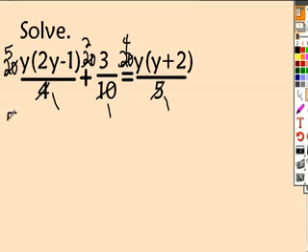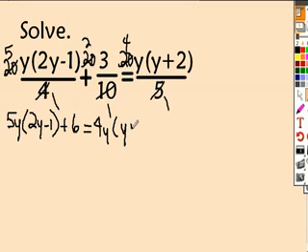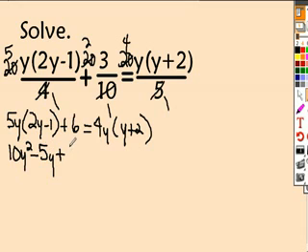So we have 5y times 2y minus 1 plus 2 times 3, go ahead and multiply it, equals 4y times y plus 2. So we are now distributing. 10y squared minus 5y plus 6. Distributing here, 4y squared plus 8y.